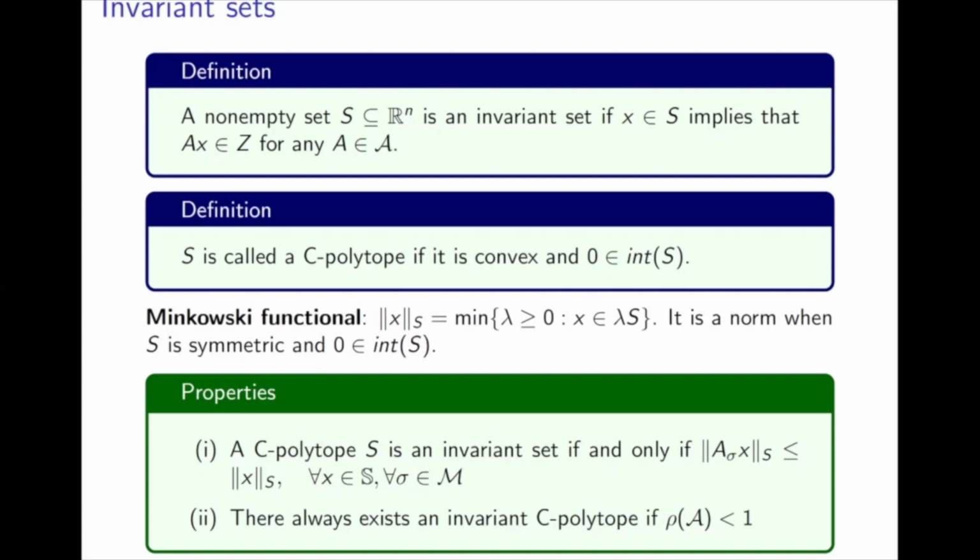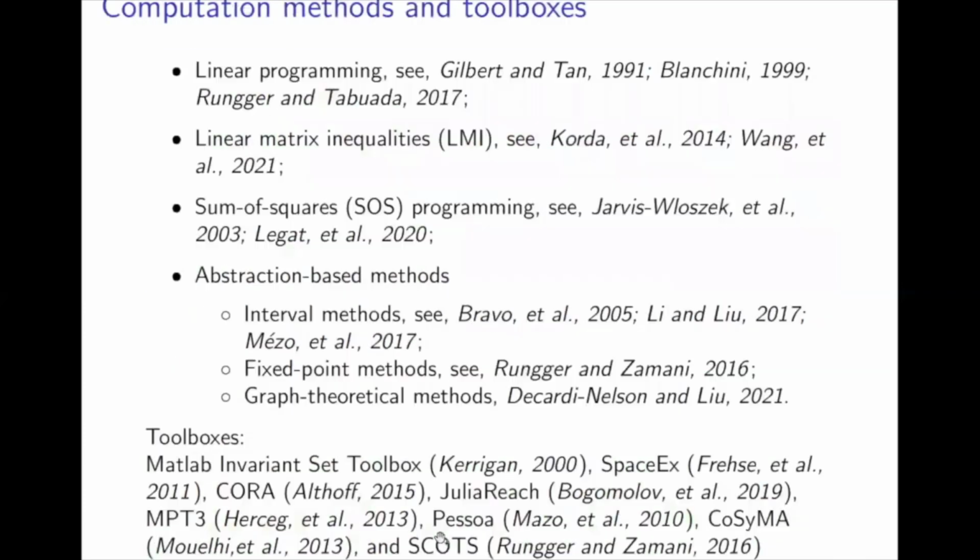So with these definitions, here we have two properties. A C polytope S is an invariant set if and only if this inequality holds for any x inside the unit sphere and for all the switching modes. The second property says when the joint spectral radius is less than 1, there always exists an invariant C polytope.